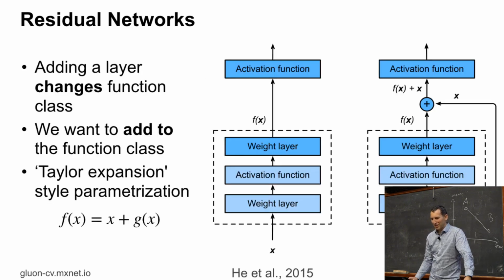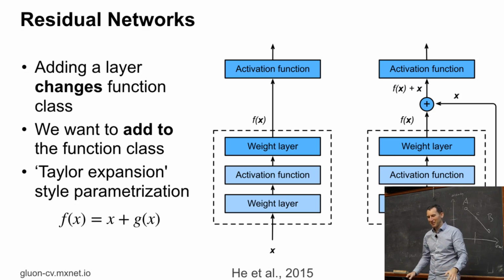And this was the ingenious idea by He et al. 2015. Namely, rather than parameterizing around the function f of x equals 0, being the simplest function, which is basically if all the weights are 0, I parameterize around the function f of x equals x. Because if all the weight parameters and everything is 0, and I add the input to the output, then I get the identity function as the simplest function.